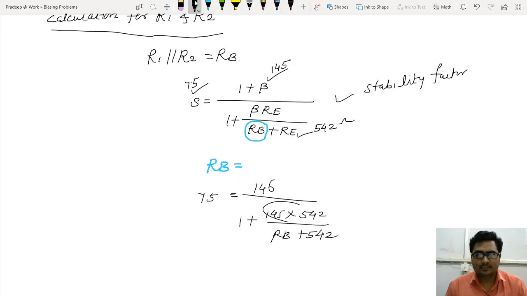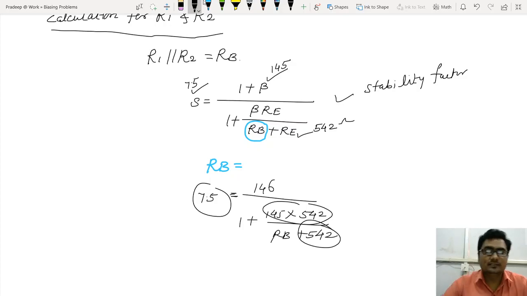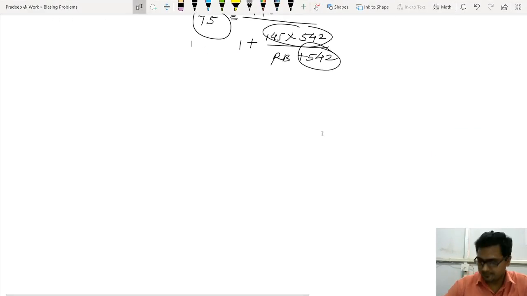You multiply this, add this, then cross multiply with this 7.5, and finally conclude with some value of Rb. If I start doing this, it will take a lot of time, so I'm just saving our time.